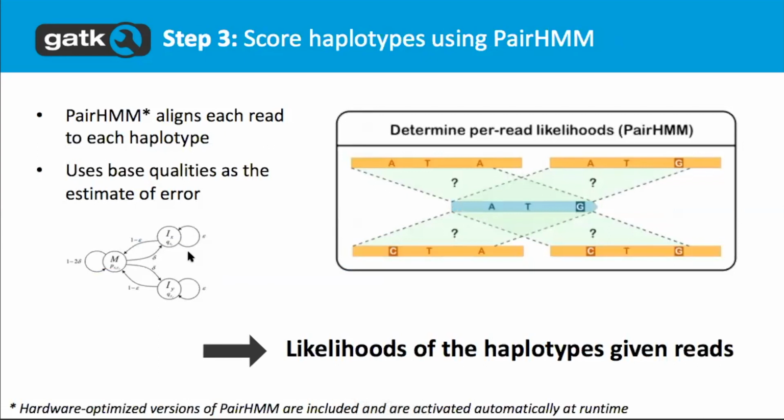So once we've done that, we're going to score our haplotypes, because typically, especially if we have several possible variants in close quarters, we might have multiple haplotypes, more than are possible biologically. Ultimately, we're usually looking for two. So we're going to need to score our haplotypes.